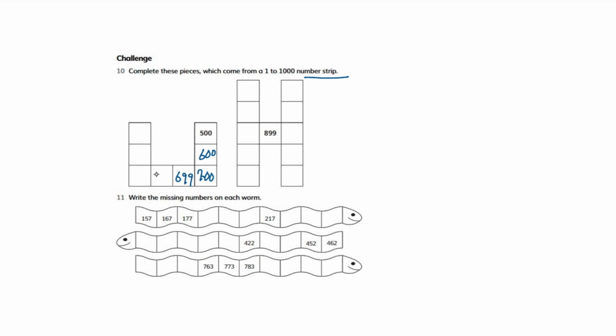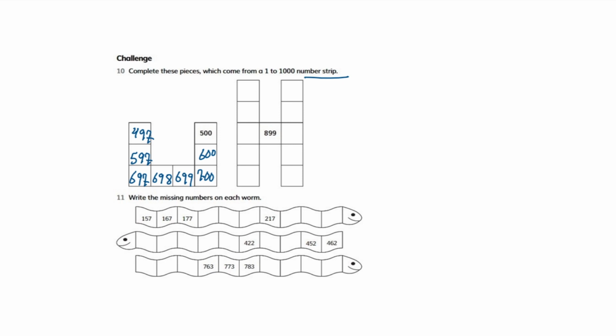And to the left of 699 we have 698. Then 697. Above 697 we have 597. And above 597 we have 497. The first part is done.